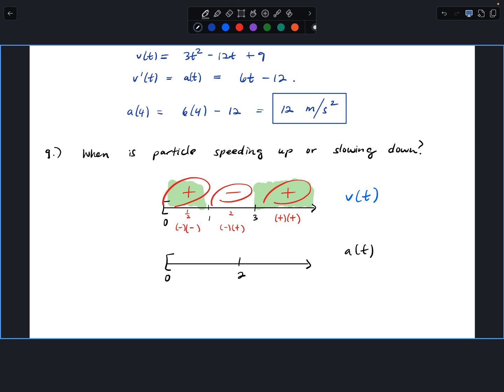Okay, you guys follow me? If I plug in a number less than 2 but greater than 0, so 1: 6 times 1 is 6, minus 12. Do you guys agree that would be negative? If I plug in like 10, 6 times 10 is 60, 60 minus 12 is positive.